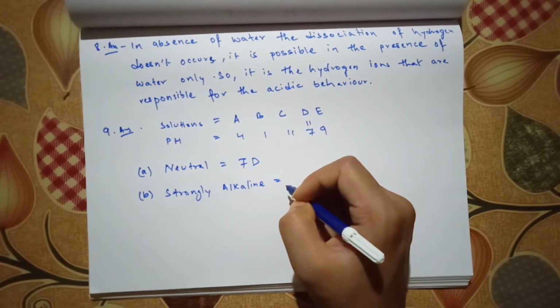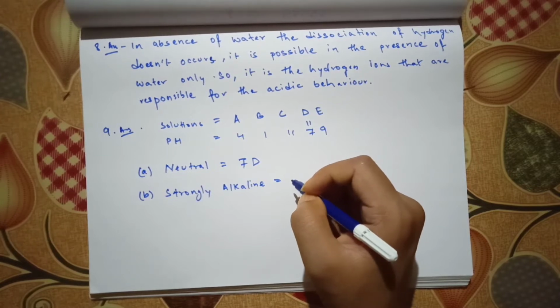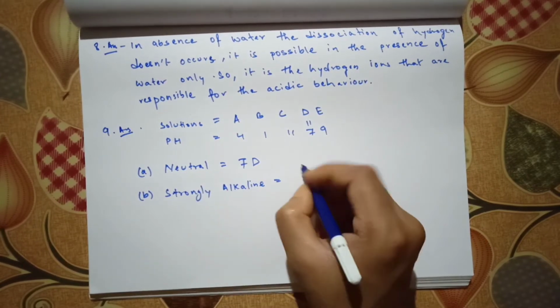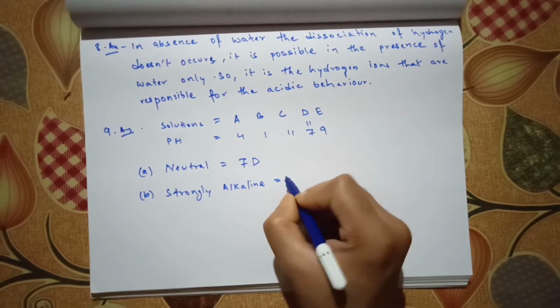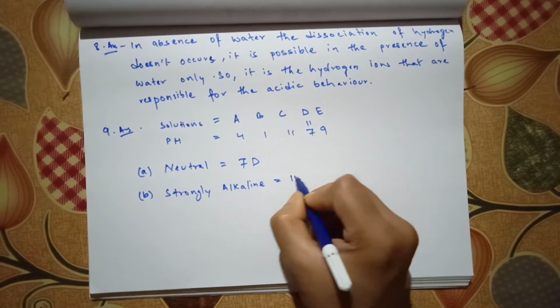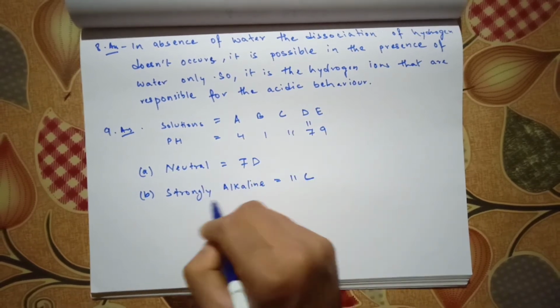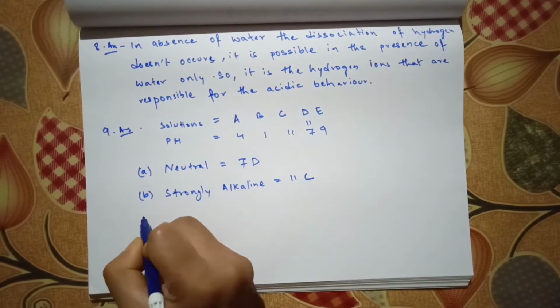The number which shows the most basic behavior is known as strongly alkaline. So here the highest number is 11, which is associated with C. So the strongly alkaline pH is 11 with solution C.